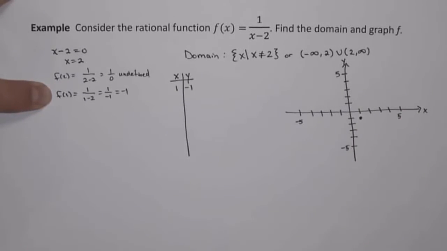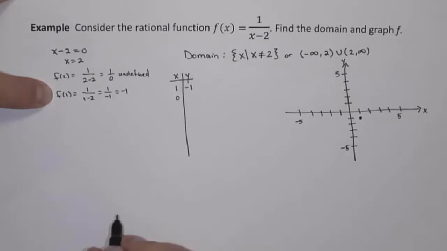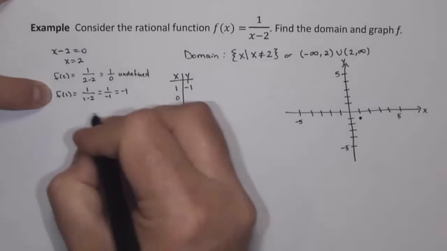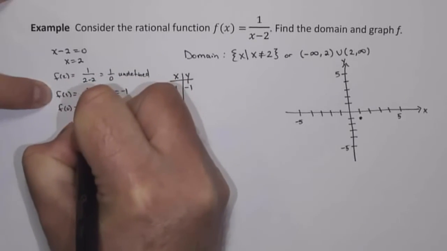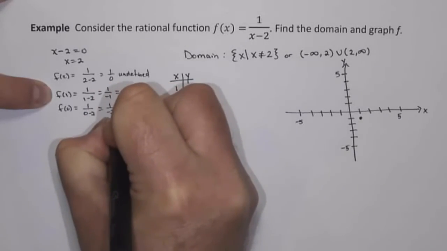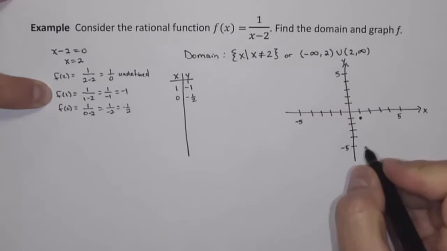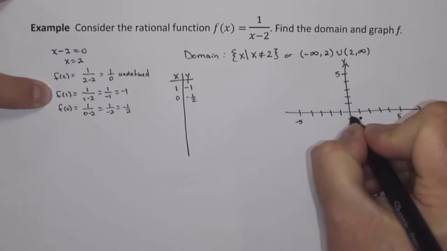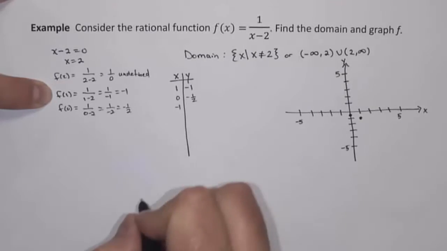on this graph. So what if I let x be, say, 0? Well, if x is 0, then f of 0 is going to be 1 over 0 minus 2, which is 1 over negative 2, which is negative 1/2. So 0, negative 1/2 would be here. What if I let x be negative 1?